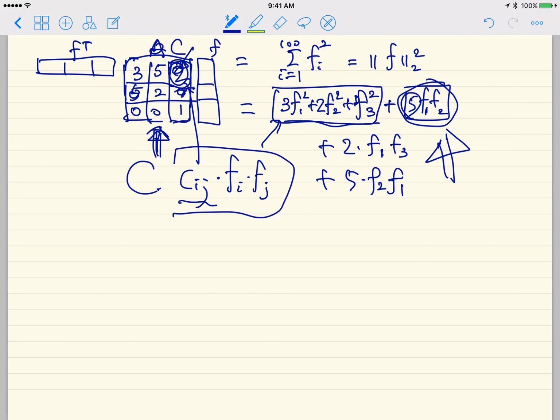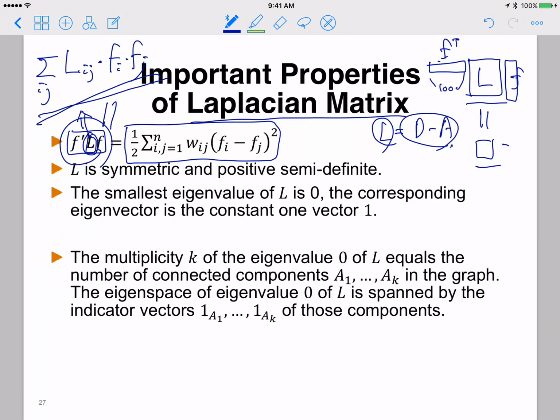In this case, L was D minus A, and if i is the same as j, then Lij will become Dij, or Di,i, which is a diagonal element, the degree of node i.